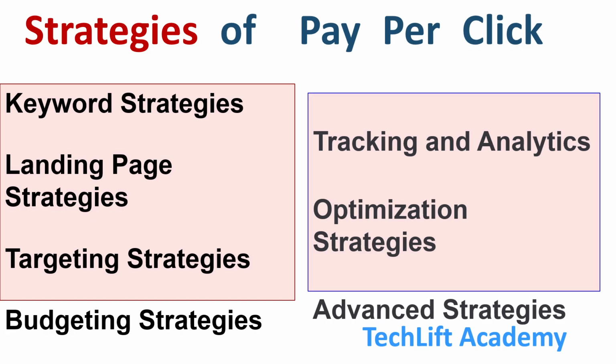Then we have the landing page strategies. Find the relevant content that can go on your landing page. Let people find it very friendly to use. The moment someone clicks on that ad, the page that they get to is what we call the landing page. When they get there, first of all, the speed must be fast enough.